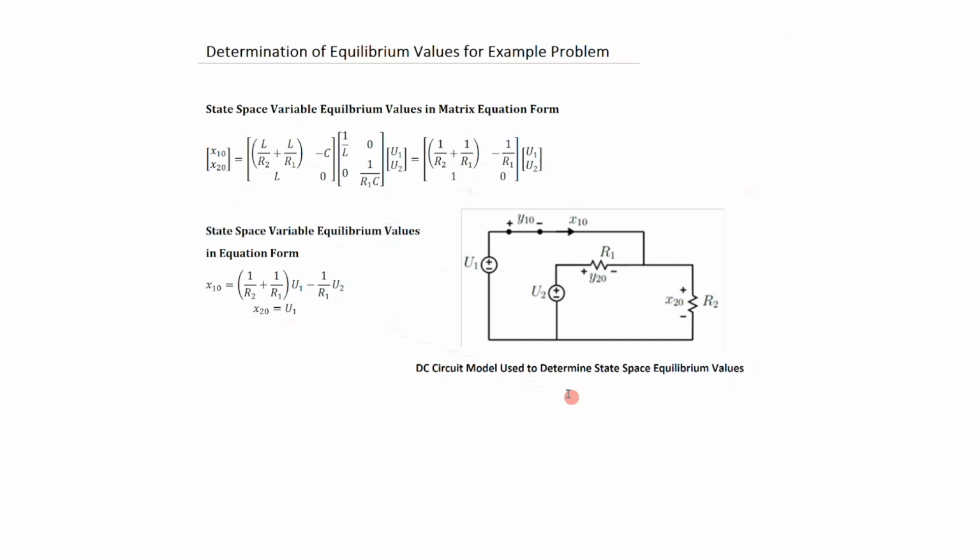If you go back to the original circuit that we had and perform that task, then this becomes the DC equivalent circuit. Now, if you were to solve this problem here, then you could solve for x1 naught and you could solve for x2 naught, and you would end up with these equations here, just using this diagram. So that's a nice way of doing things from the picture format rather than from the mathematical format.